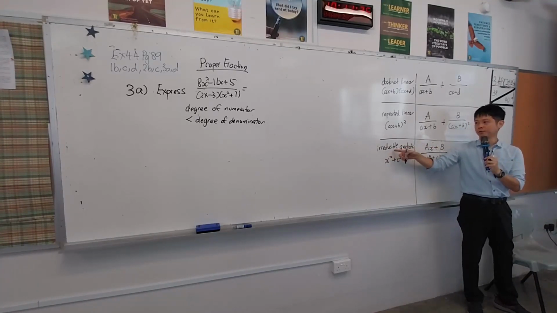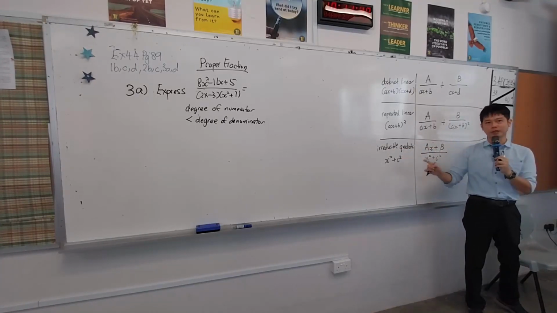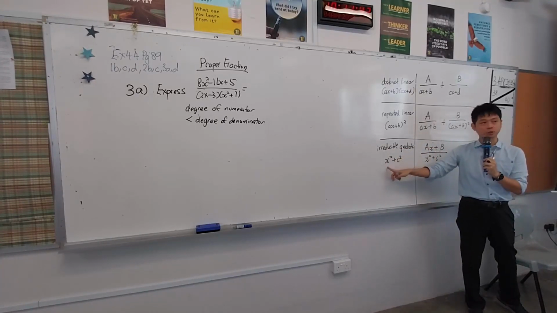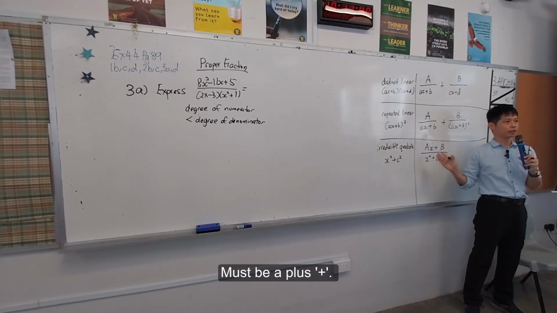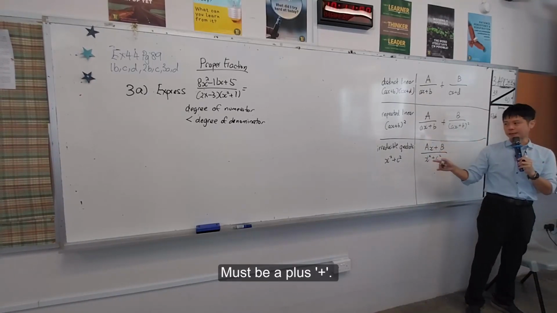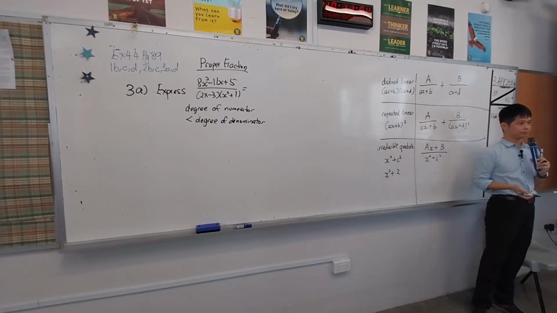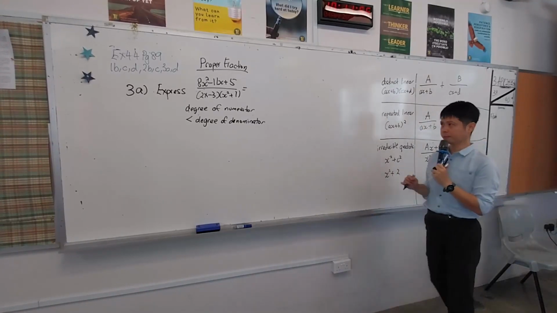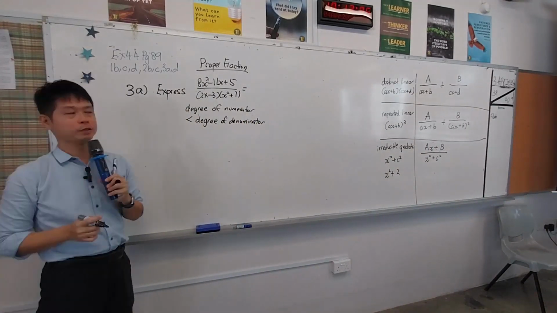It always looks like this form of x squared plus c squared. There is no x term there, only x squared and only a c squared. An example would be, of course, x squared plus 2.